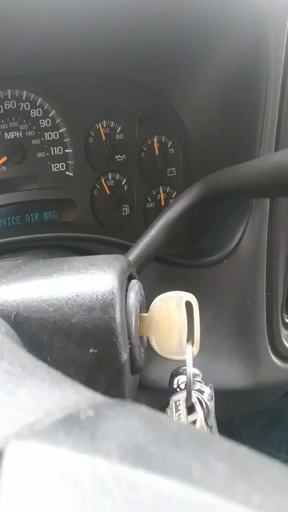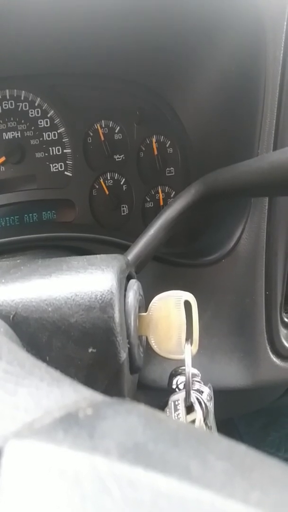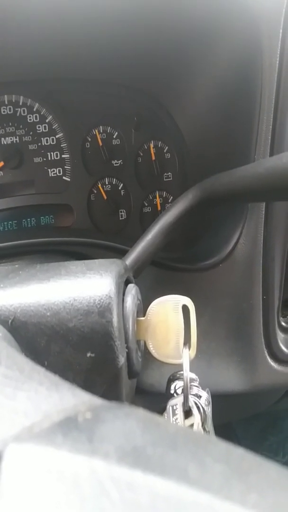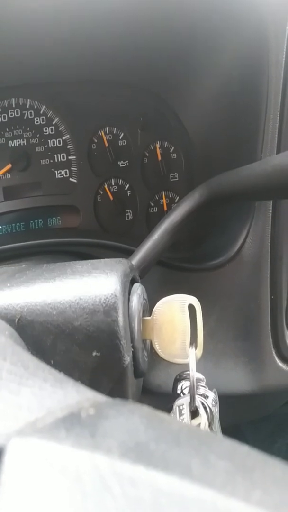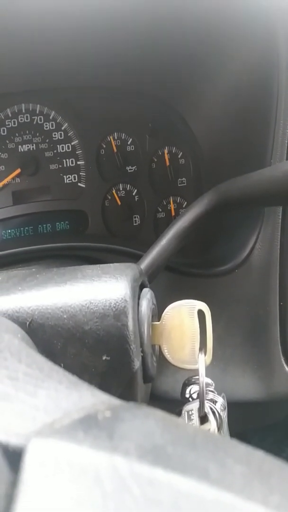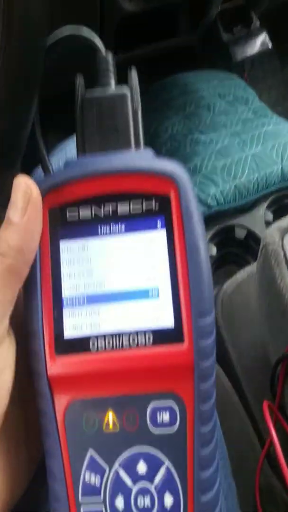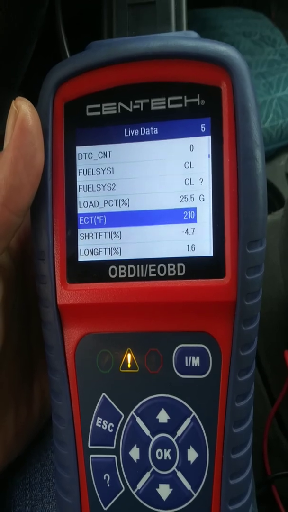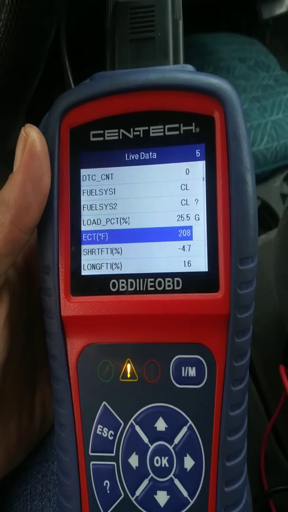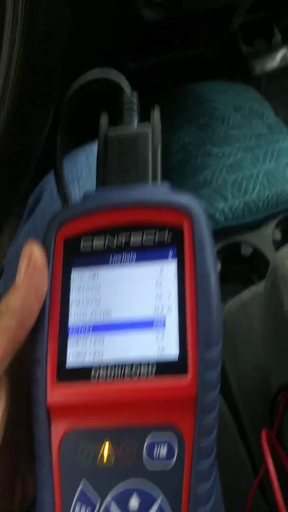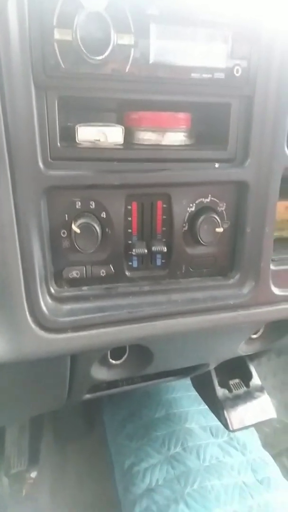Now it's lowering to the normal temperature I'm used to seeing the gauge read at, and my temperature on the truck based on the OBD is 210 and dropping since I turned my air on.